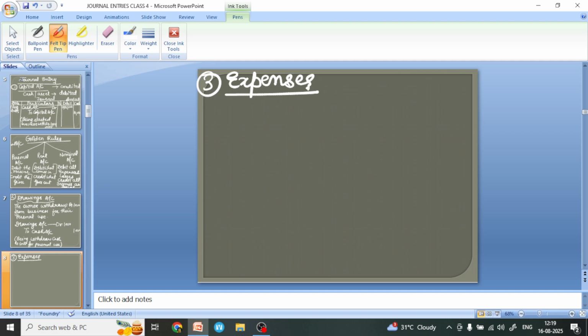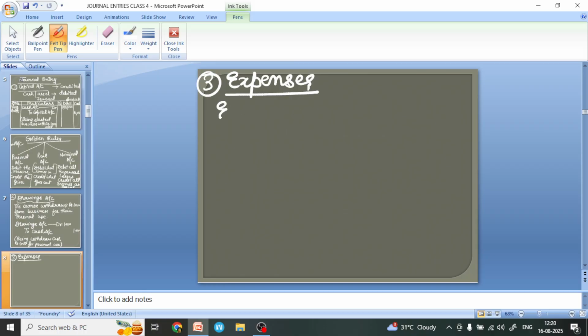In this case, cash will be decreased and credited, or expenses will be debited.